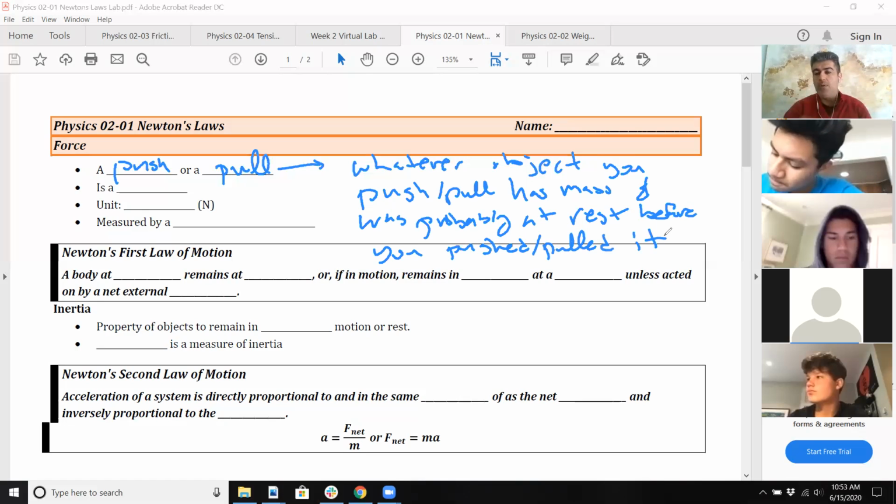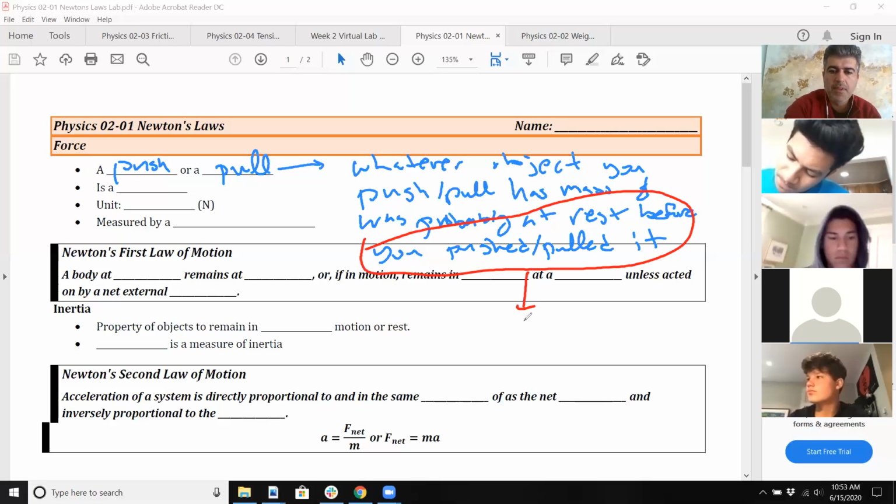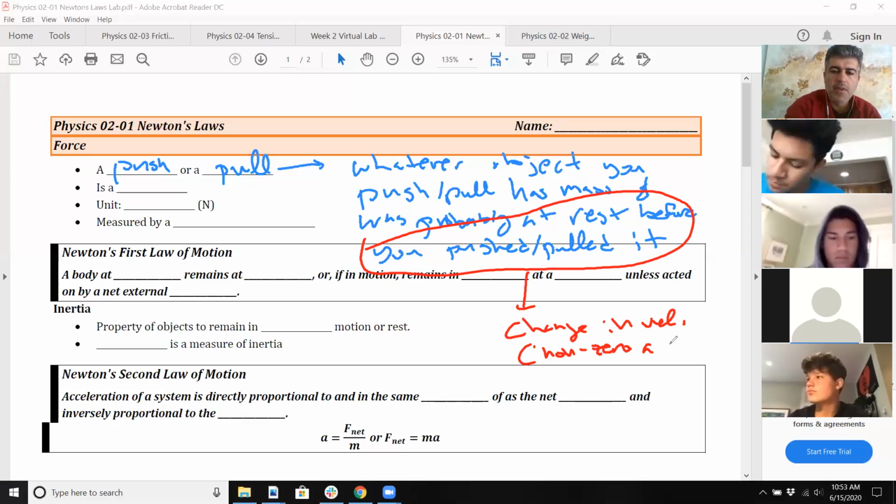Say, for example, you open a door, like one of those swinging doors. So it probably wasn't moving initially. You push it or you pull it. That door has mass. It went from 0 velocity to a non-zero velocity. Now you've got a change in velocity, so it's all very conceptual. So it's a non-zero acceleration.